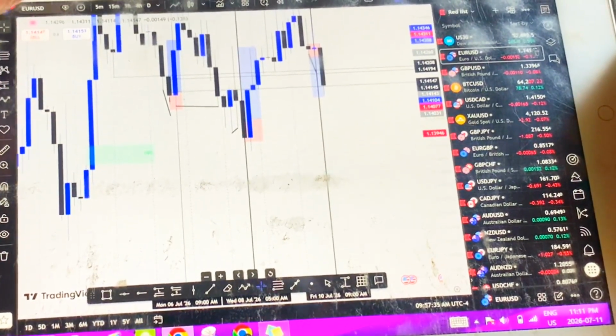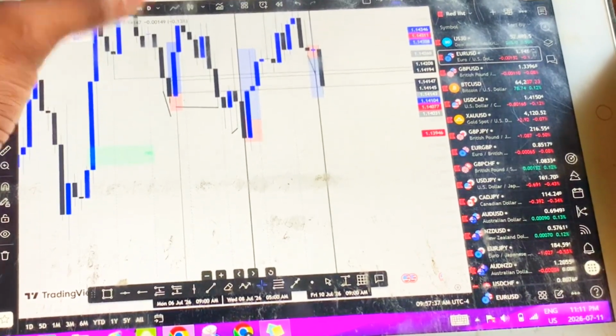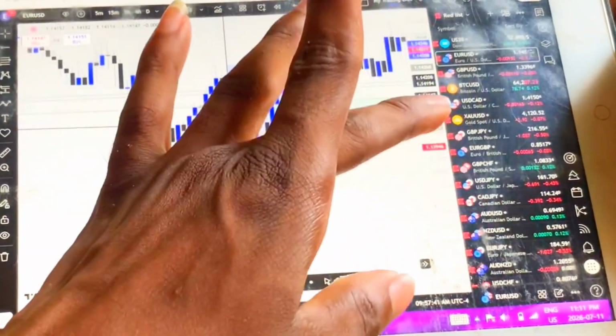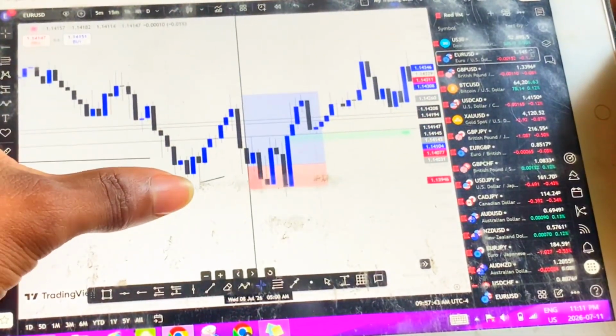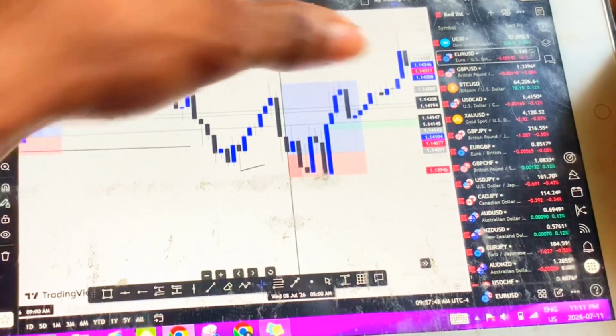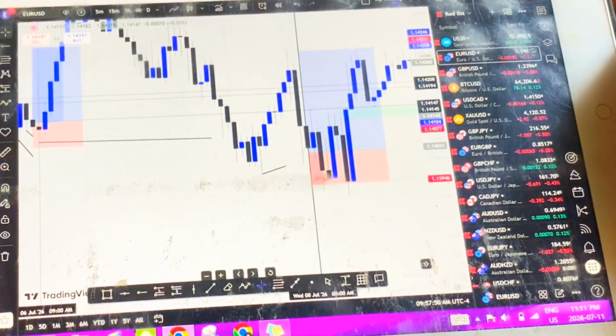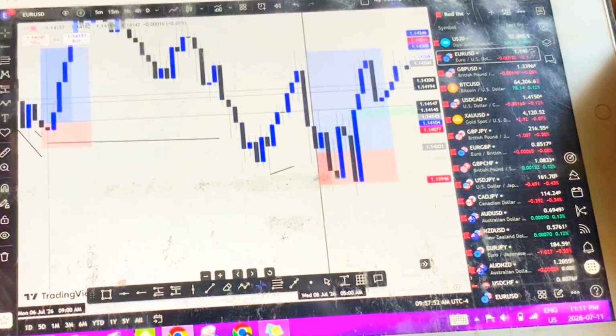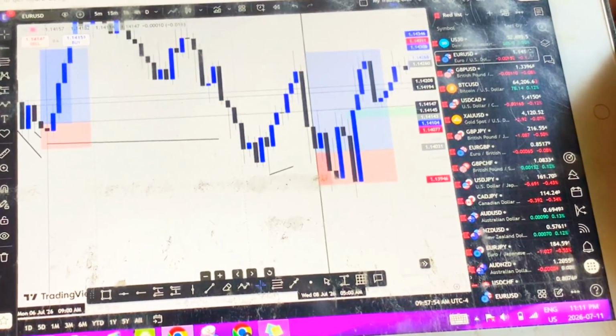After I see my SMT, which is a buying SMT, I go to the 1 hour time frame to look for an SMT there as well. Here on the 1 hour time frame, there was no valid SMT, and as a trader, I always want to see a true SMT.